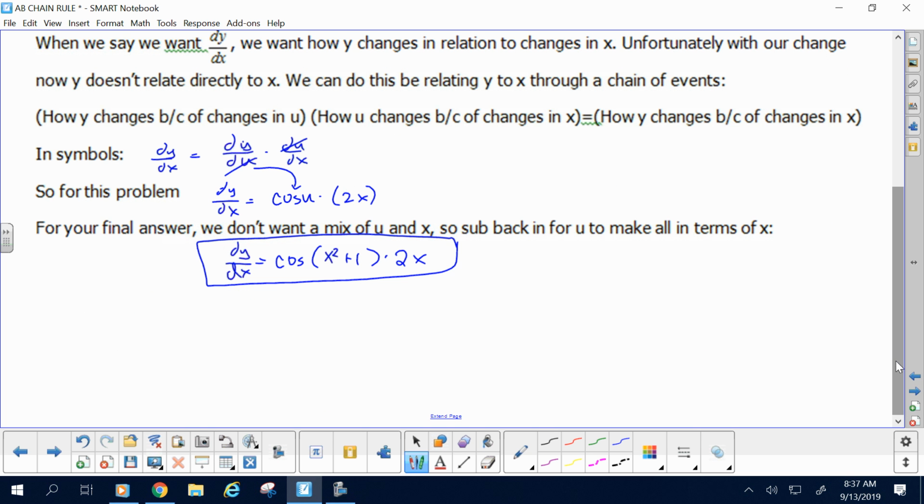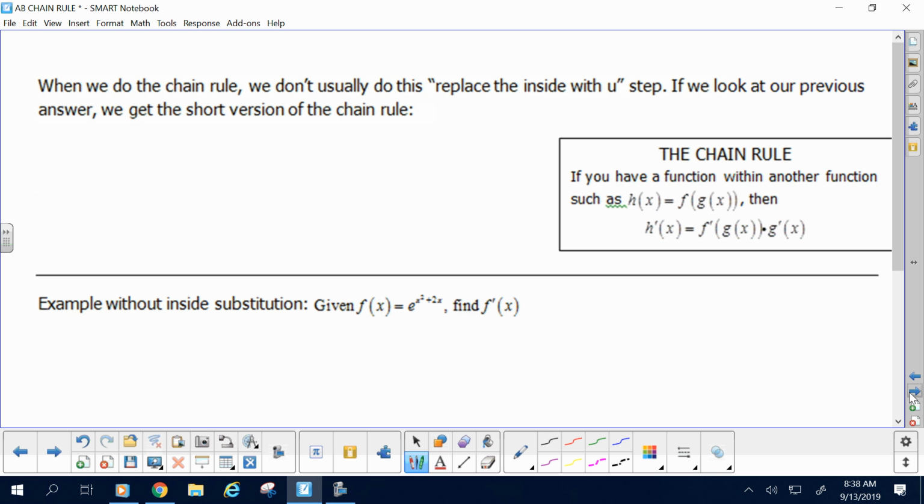Now, that's great, but I don't want to do all that u substitution stuff, and you won't. So instead, let's talk about what we really did there. I'm going to write this again. dy/dx is cosine of x squared plus 1, given that y is sine of x squared plus 1, times 2x.